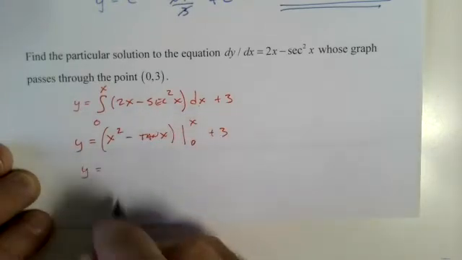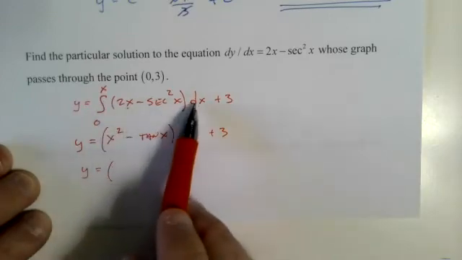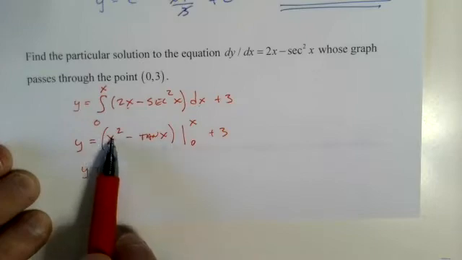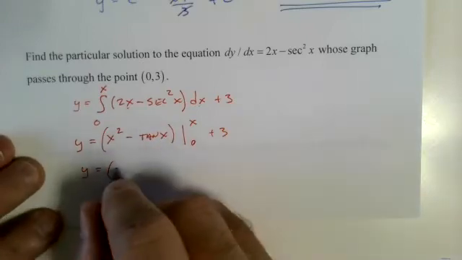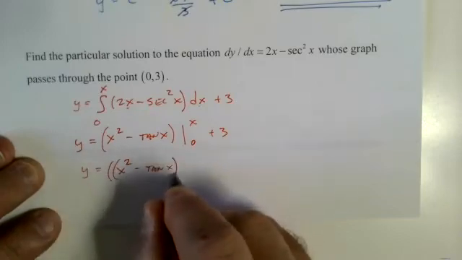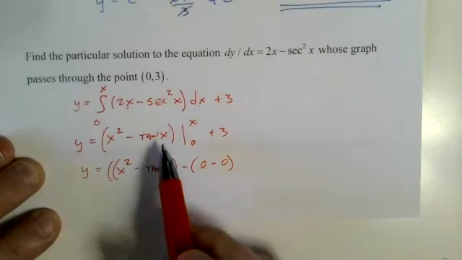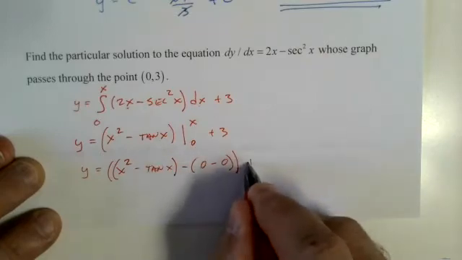Y equals, plugging in x, we really should have a dummy variable, t dt. Then x goes in with t and t. Who cares? X squared minus tangent of x minus 0 minus 0. Tangent of 0 is 0. Plus 3.